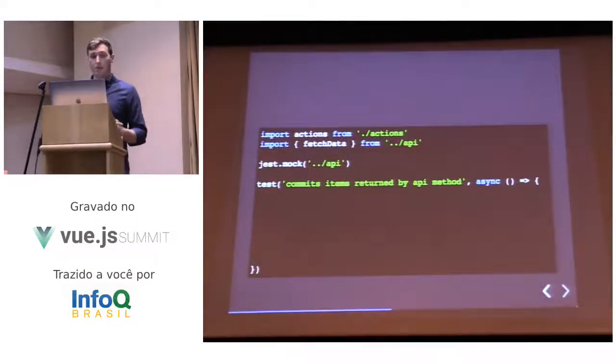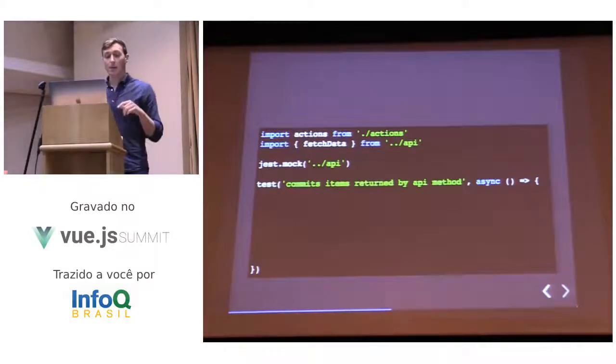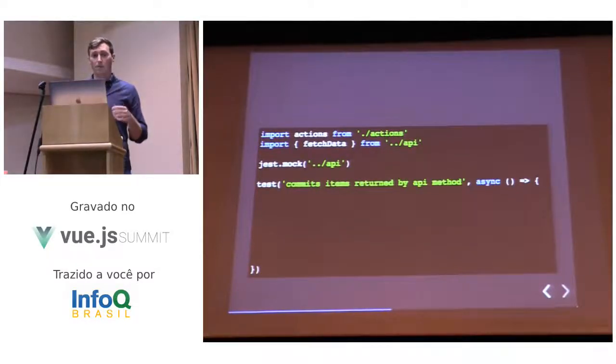And luckily, we can do that with Jest. So you see that there's this jest.mock call that I'm making, and I'm passing in the path of the API file. What that's going to do is it'll tell Jest to intercept any imports of that file with a mock file that contains the same methods as the original file, but replaced with Jest mock functions.